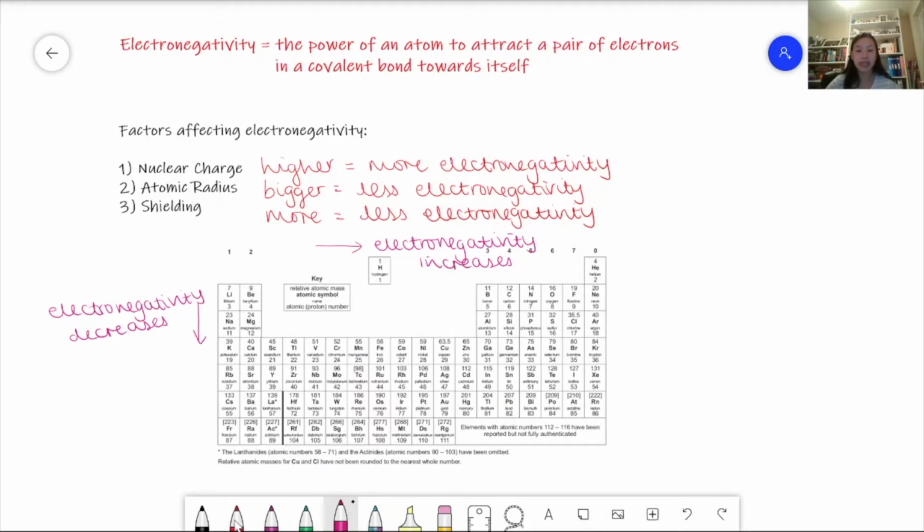And so this means that these atoms here are actually the most electronegative.